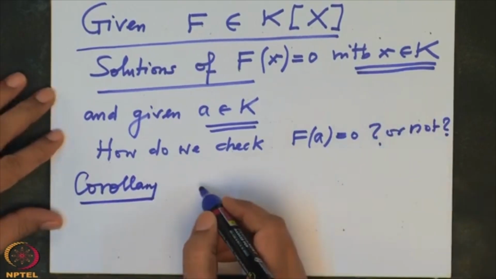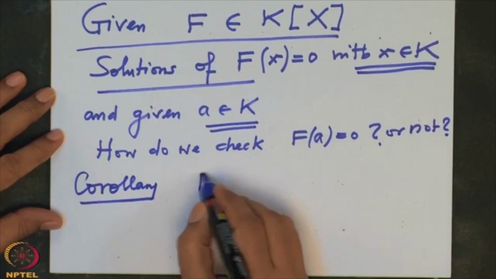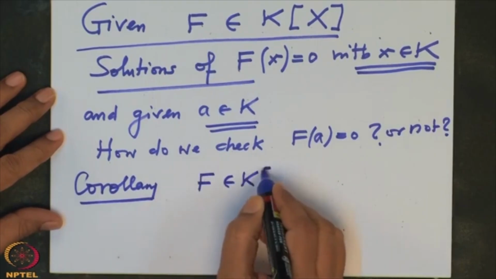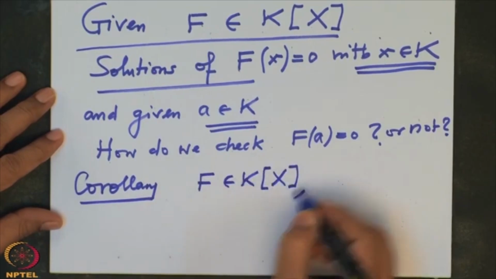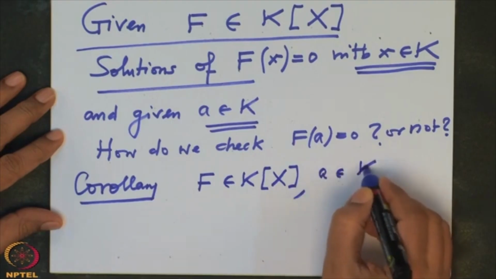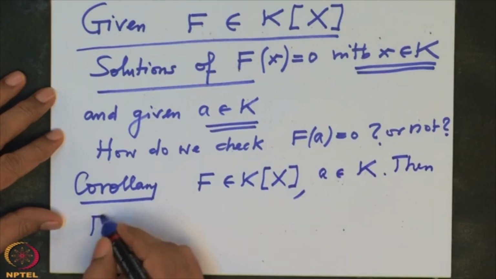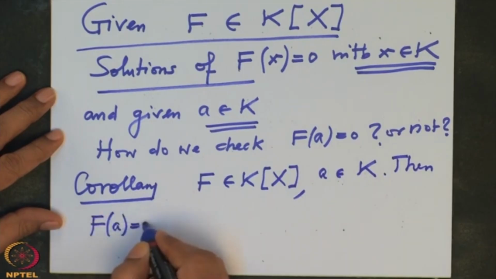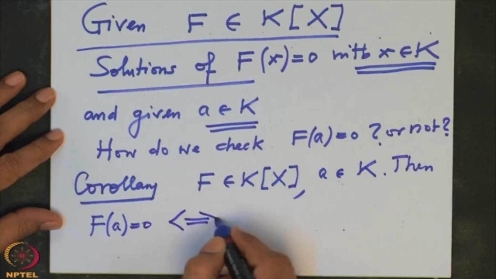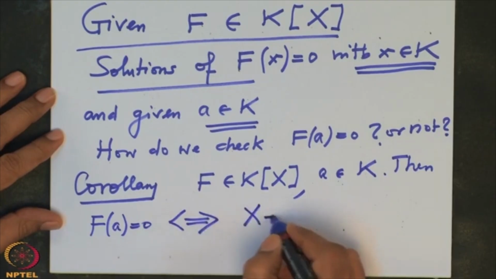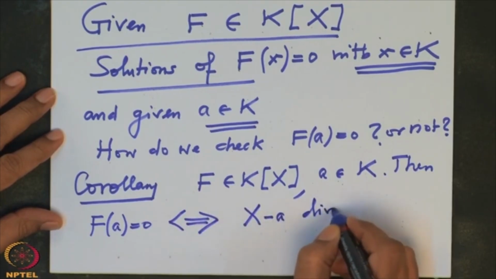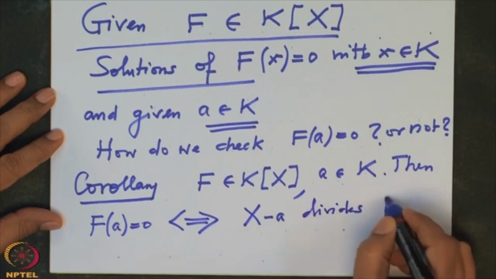So let us write it in the form of a corollary. We are going to apply it to this given f. So f is a polynomial in k[x], and a is a given element in k. Then f of a is 0 if and only if the linear polynomial x minus a divides f.